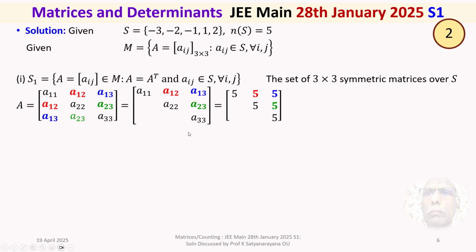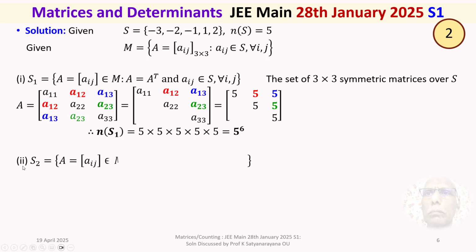How many elements are there in S1? So n of S1 will be 5 into 5 into 5 into 5 into 5 into 5. 6 positions, 6 places. That is 5 to the power of 6. Agreed. That means so many symmetric matrices are there over S.